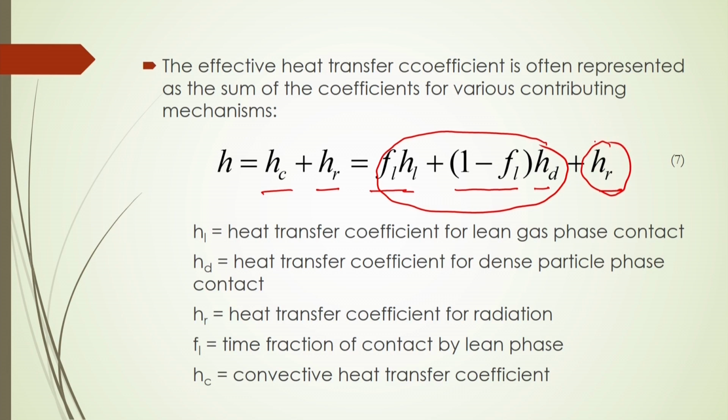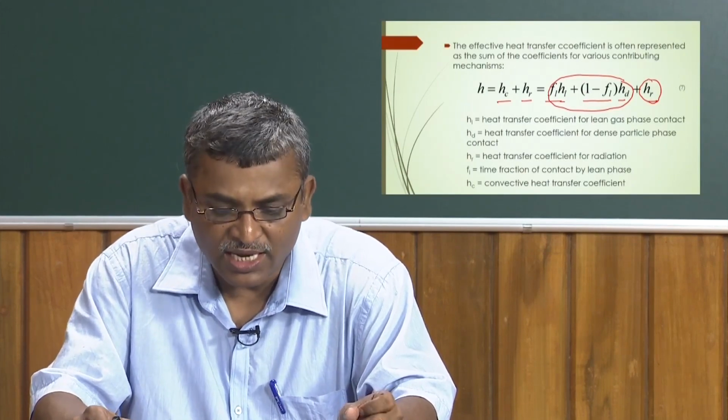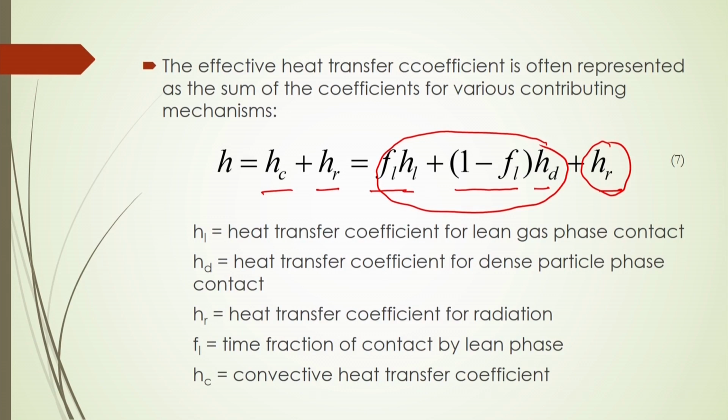Now, h_c, what is this? f_L into h_L, where f_L is the time fraction of contact by the lean phase. In the fluidized bed we have seen there will be two phases, one is the lean phase, another is the dense phase. If I consider the fraction of the lean phase as f_L, then f_L into h_L means the heat transfer coefficient in the lean phase, whereas 1 minus f_L will be denoted by the fraction of the dense phase.